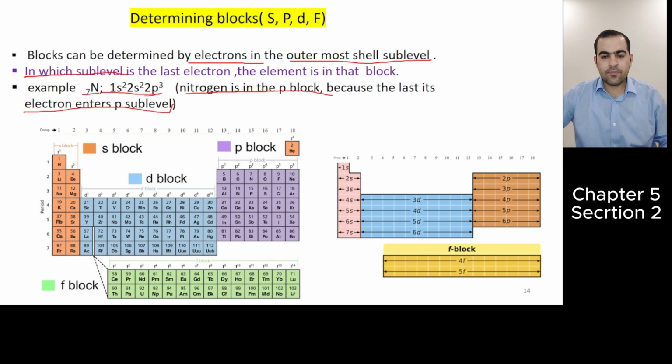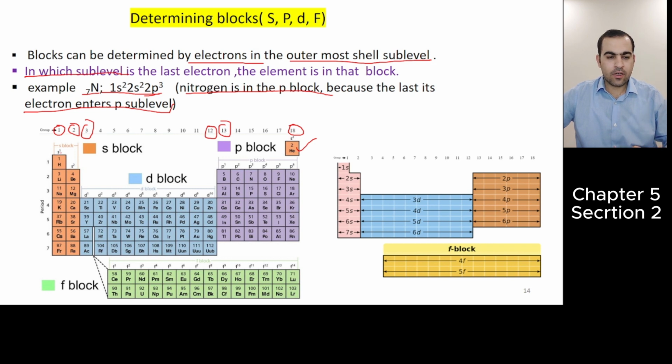So groups 13 to 18, except helium, their last electron enters the p sublevel. And groups 3 to 12, their last electron is in the d sublevel. Group 1, group 2, and helium are called s block elements because their last electron is in the s sublevel.